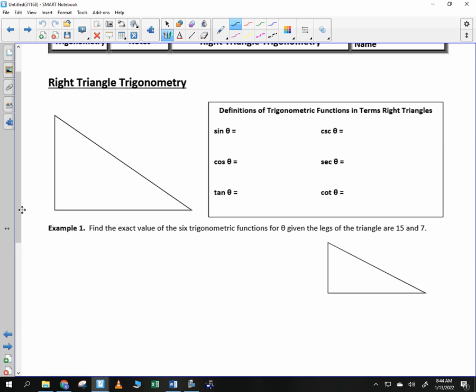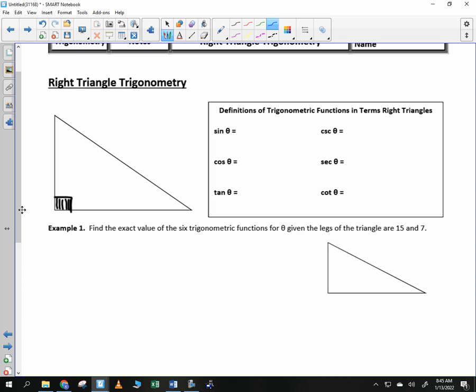All right, here we go. Given a right triangle, it must be a right triangle. That triangle has 3 sides. Anybody want to describe the names of those sides? One starts with an H. Hypotenuse.